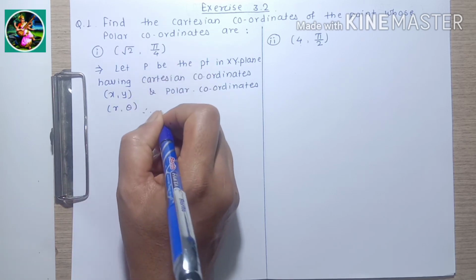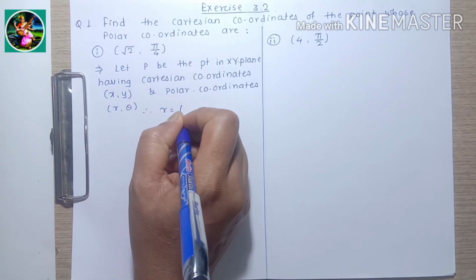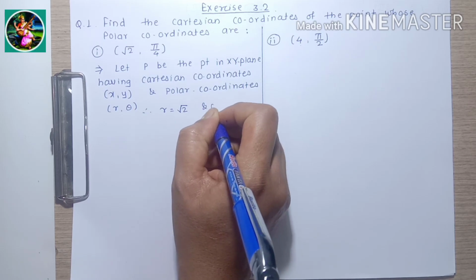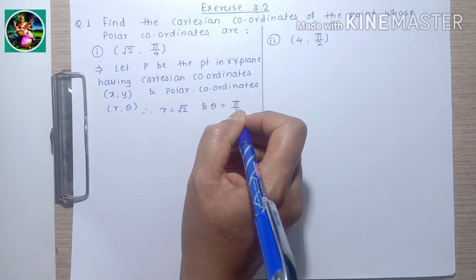Therefore, here we have r is equal to √2 and theta is equal to pi/4.